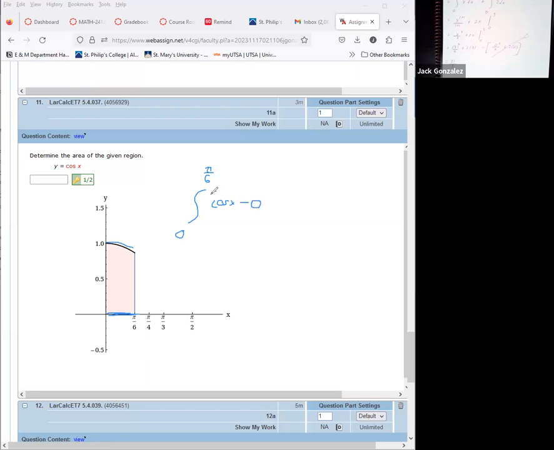So the 0 doesn't matter in this case. It'd be dx. So you're basically creating this and then solving it using the graph.